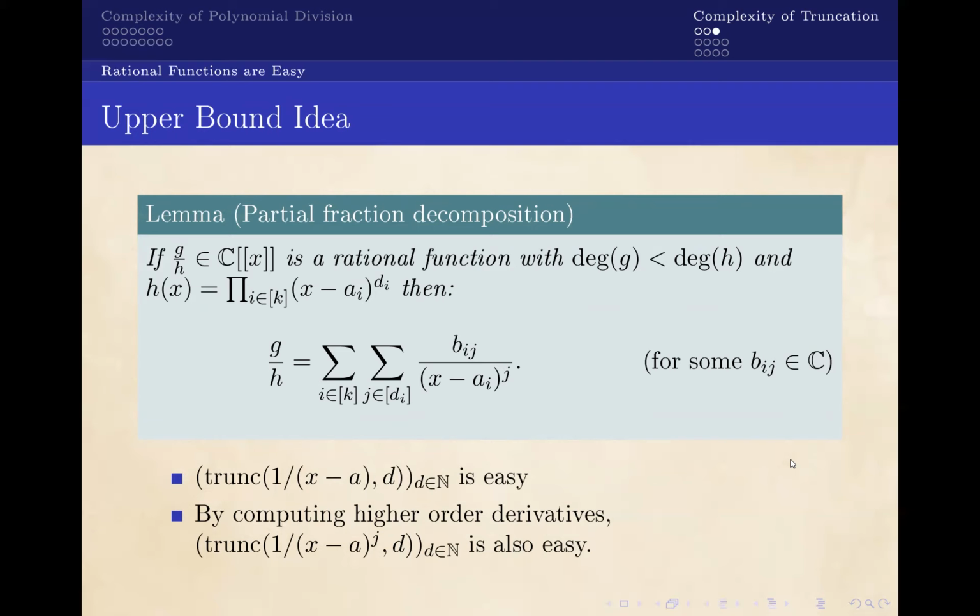And then by a very similar argument, where one shows that the truncation of 1 over X minus 1 is easy, we can also show that the truncation of 1 over X minus A is easy. Then if we differentiate these truncations of 1 over X minus A, we obtain the truncations of 1 over X minus A to the j also, right? And then we sum up these truncations to obtain the truncation of G over H using partial fraction decomposition. This idea is quite simple and shows that truncations of rational functions are easy.